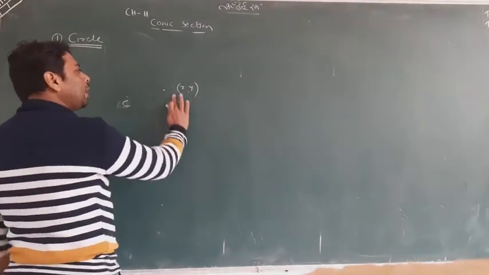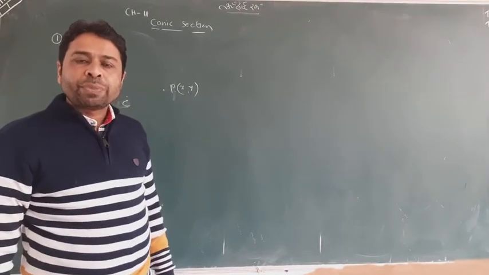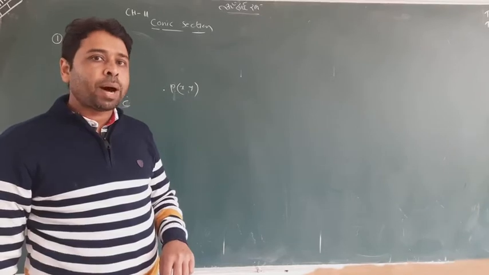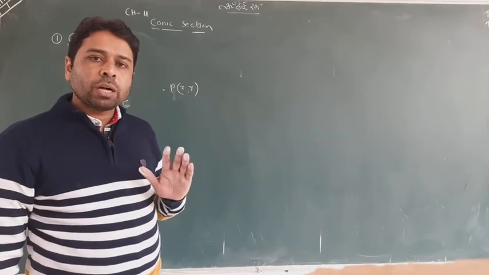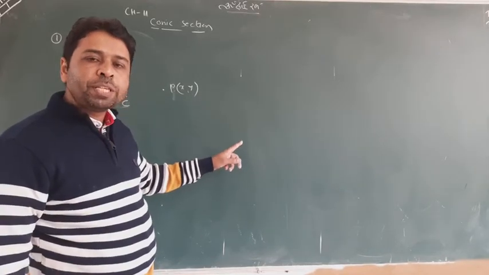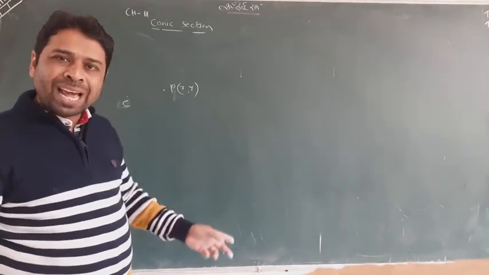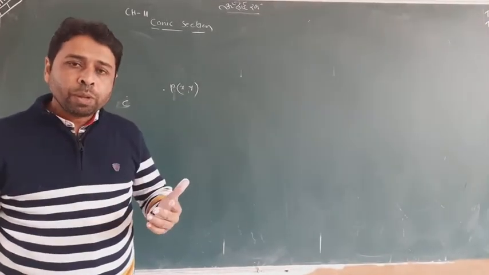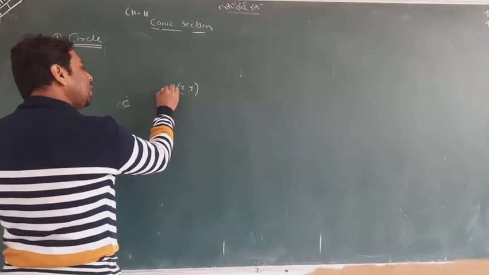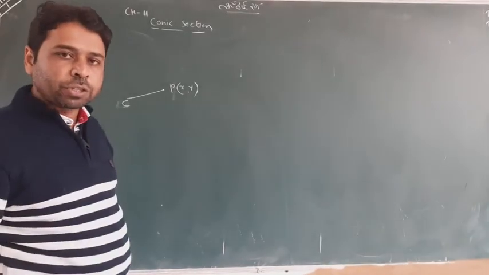And we put one condition for P: the locus of the point P, locus meaning path. Because P is a movable, variable point, P will move on the board, but I will put a condition that P will move such that its distance from the fixed point C is always constant.